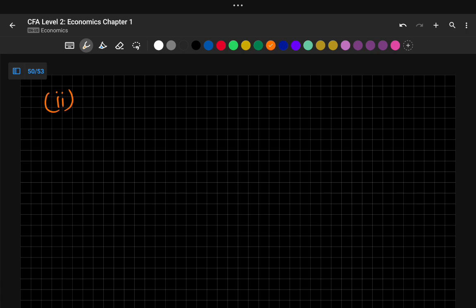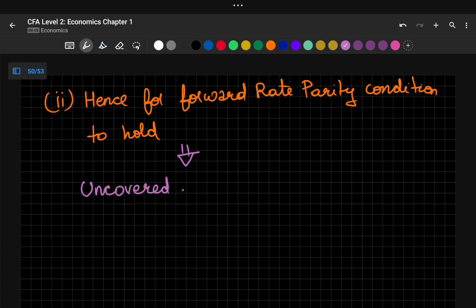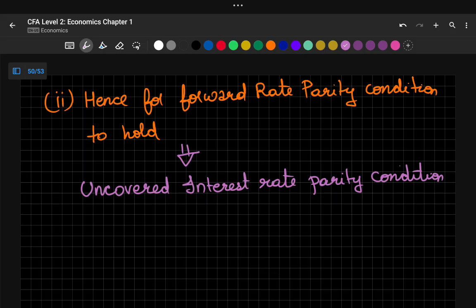Hence, for the forward rate parity condition to hold, the uncovered interest rate parity condition must be satisfied.